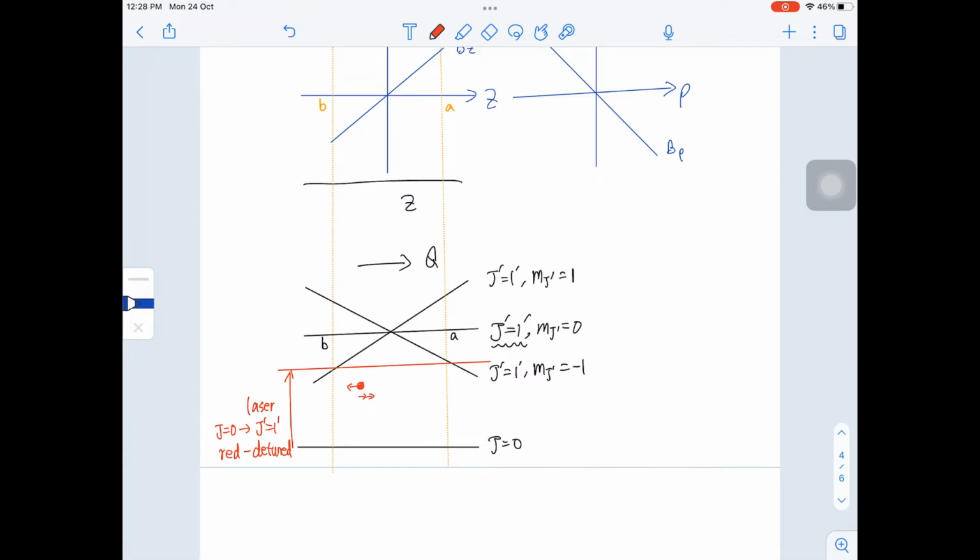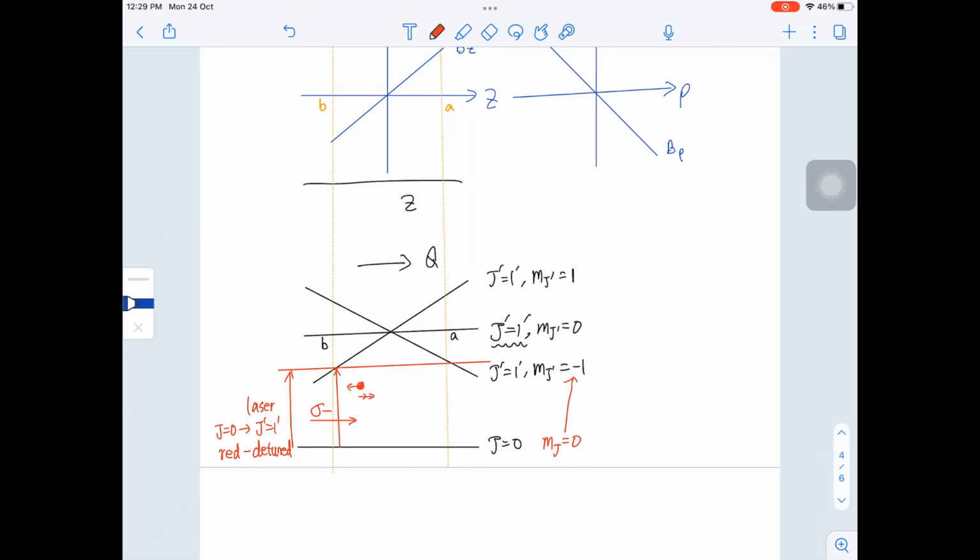We expect the atoms to absorb the light from this direction, and if the laser is at this frequency, it hits the mj equal to 0 to -1 transition, and therefore we need sigma minus light, right?